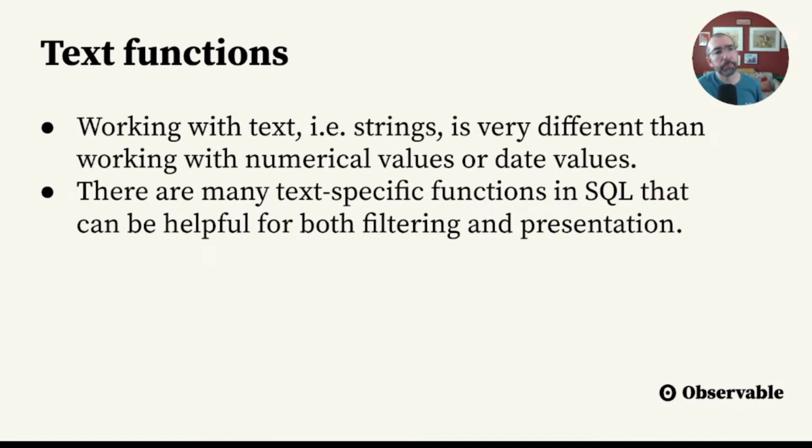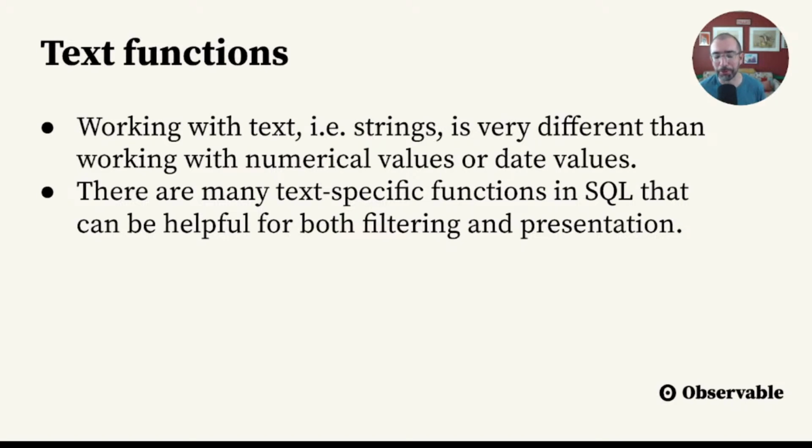So, we've talked a little bit about the different types of data in a SQL database, the variable types. So we've had numerical values, we've had date values, we've got string values. Each of them kind of have their own quirks and ways you can handle them. You can't treat strings like you would treat numbers, right?